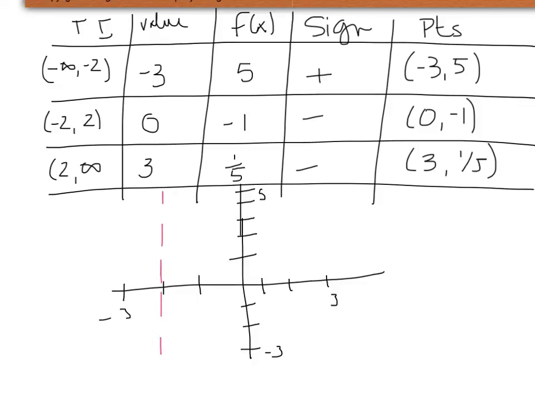I also have a horizontal asymptote at y equals 1. So we're going to sketch that in. And now I'm going to plot my points. I have (-3, 5), which is going to occur up here. Then I have (0, -1) and (3, 1/5).